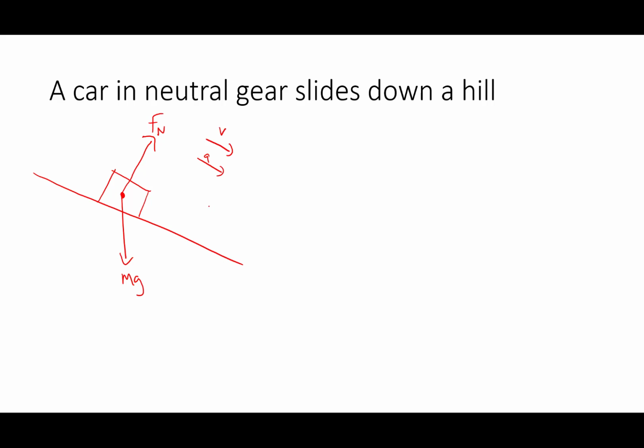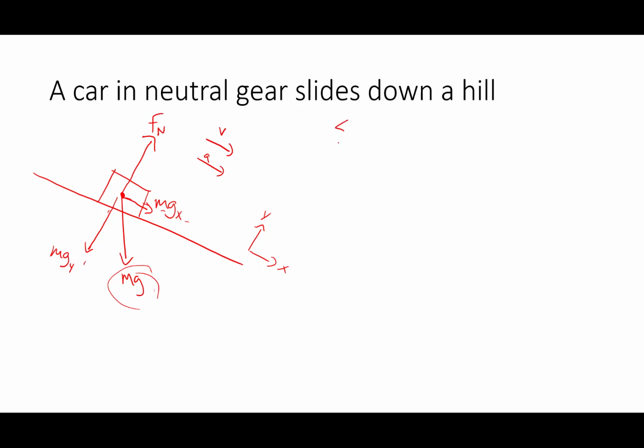We're going to say that the direction of the acceleration is going to be the positive x. So I'm going to say this is positive x, and this is y. Normal is in the y direction. Gravity is not in either the x or y direction, so we just have to break it into components. So we would write this as mg sub x, and the y component as mg sub y.